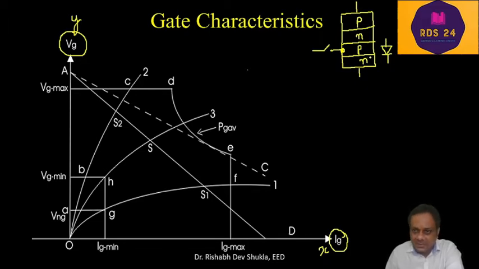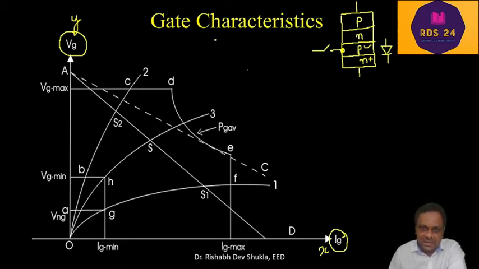This diode will be highly doped and the inner P is moderately doped, so there is a difference between the doping profiles.